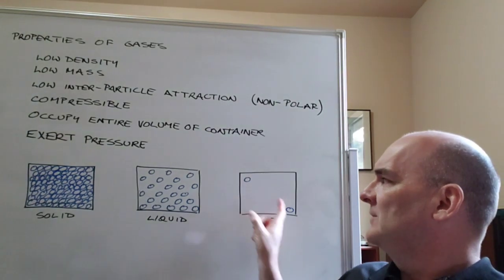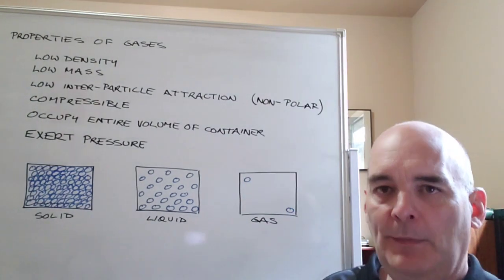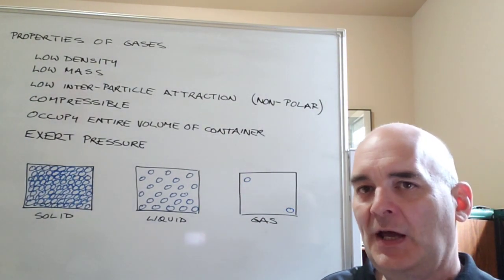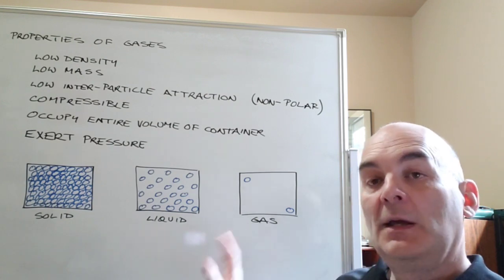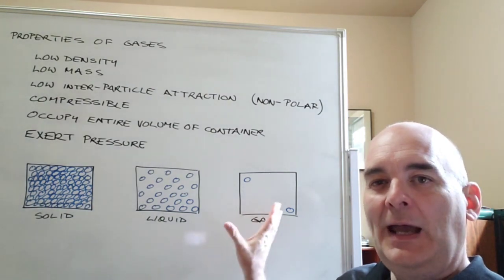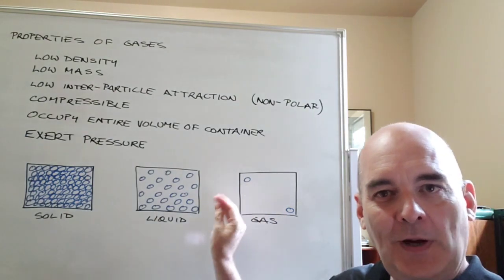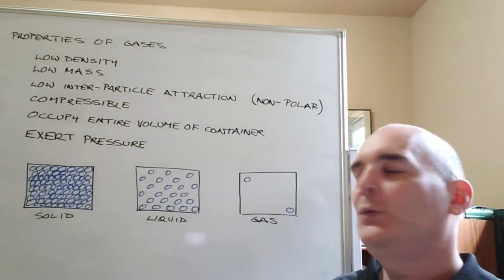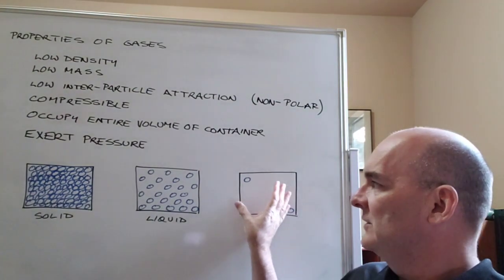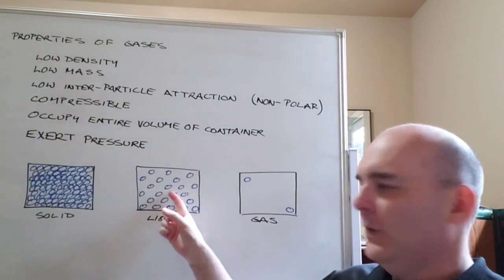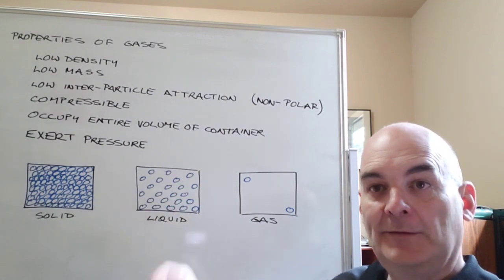The distance between the gas particles is much, much larger than the size of the particles themselves. This gives them low density and allows them to be compressed, because you can squeeze the particles into that space, knowing that they're only going to become a liquid when the particles are this close together.